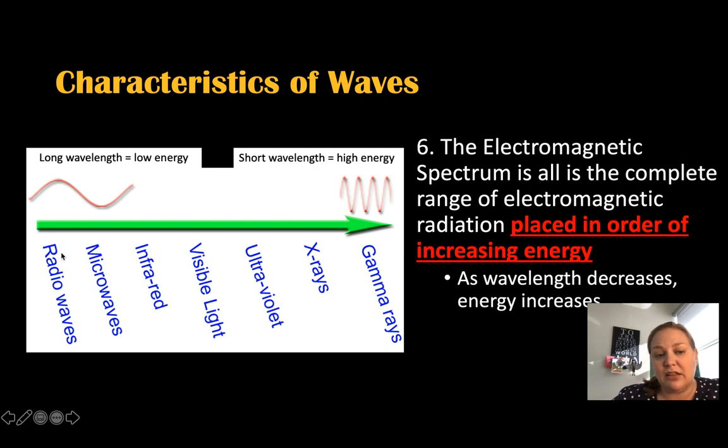So kind of a rule of thumb to think about the energy, anything that is visible light and below, or lower energy than visible light, is safe for us. It doesn't cause us harm. Anything that is above visible light has too much energy for our bodies and can cause us harm. So ultraviolet light can cause sunburns.